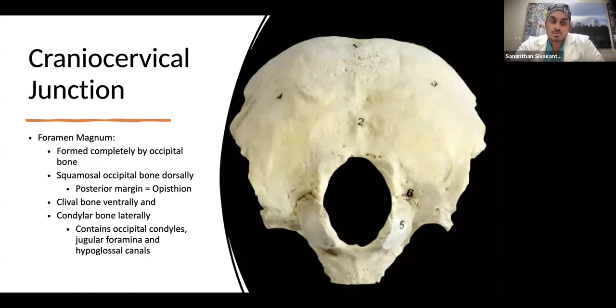It's formed by the squamosal bone dorsally, with the posterior margin of the squamosal bone being the opisthion, and the clival bone ventrally. The 2 occipital condyles form the lateral aspect of the foramen magnum, which contain the occipital condyles, the jugular foramen, and the hypoglossal canals.